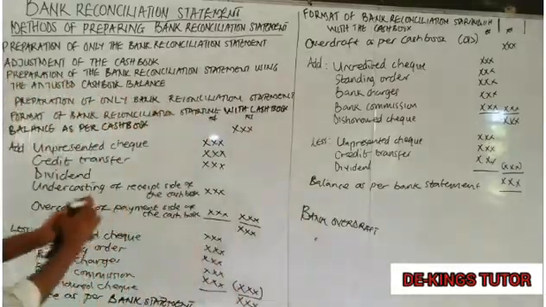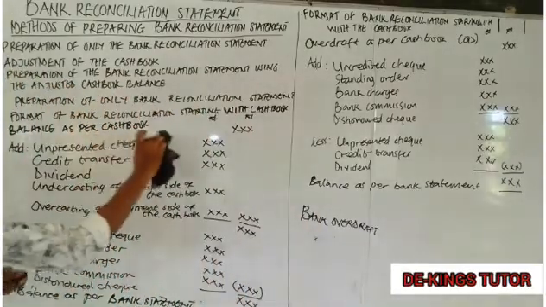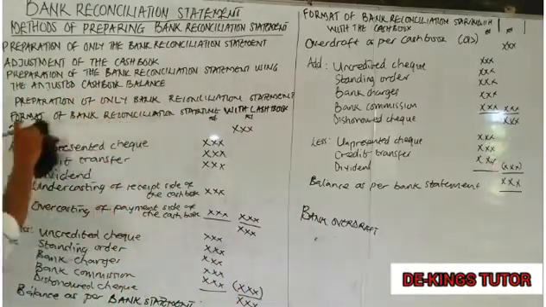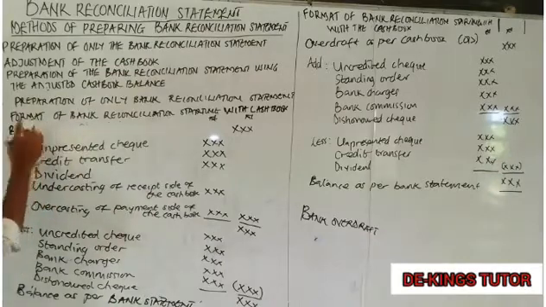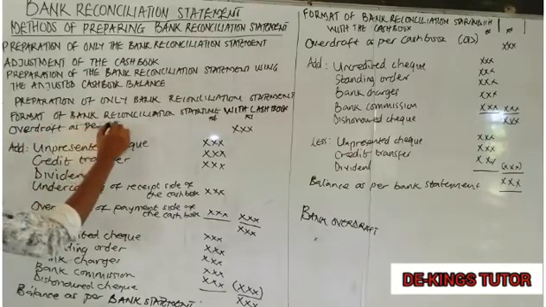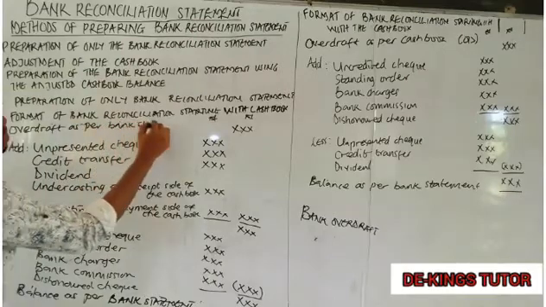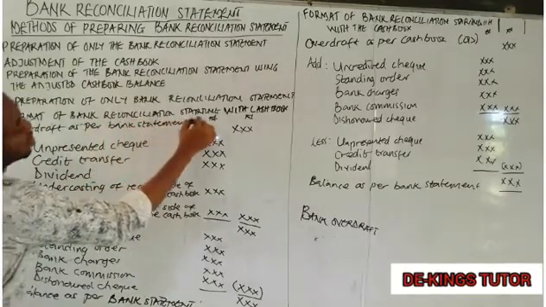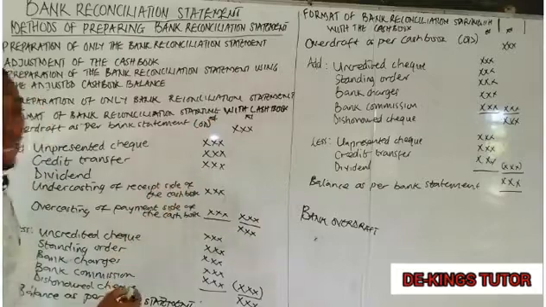The other way around from the previous. The same way, if you want to start with the bank statement, now this will now change to overdraft. This will change to overdraft as per bank statement. In bracket you put OD so that it can be identified.